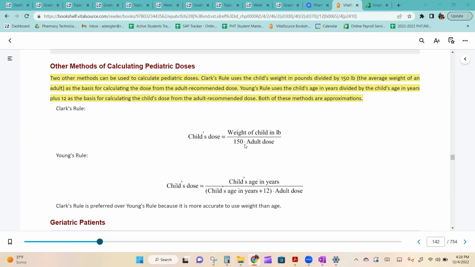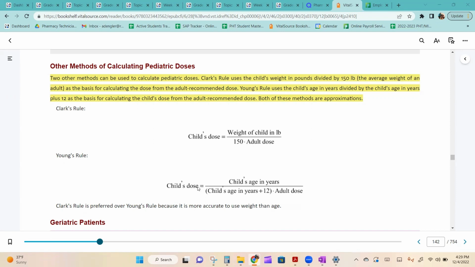Then you would divide that by 150 times the adult dose. So the adult dose would have to be in the problem as well, and that would give you the child's dose. So you have to have their weight in pounds and the adult dose to be able to do this problem.